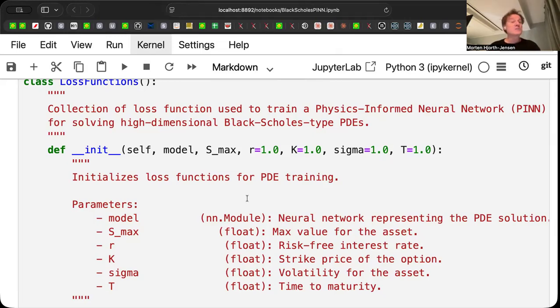But the basic message, if you now want to wrap up what we have done, is that you have a physics-informed neural network where you need to set up the differential equation you want to solve. You set up the cost or loss function, where you take the difference between the left-hand side and the right-hand side. You add to this the initial conditions. You add to this the boundary condition.